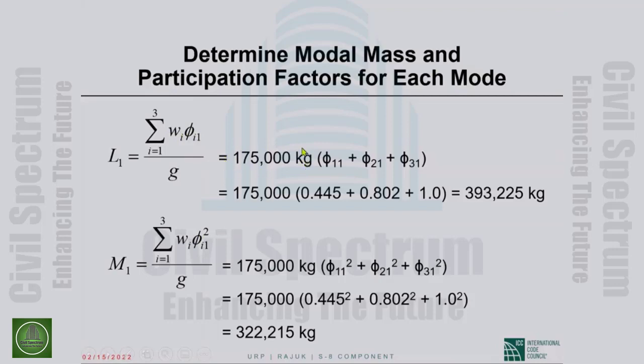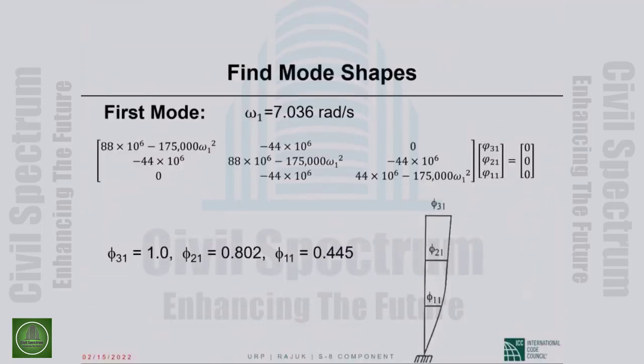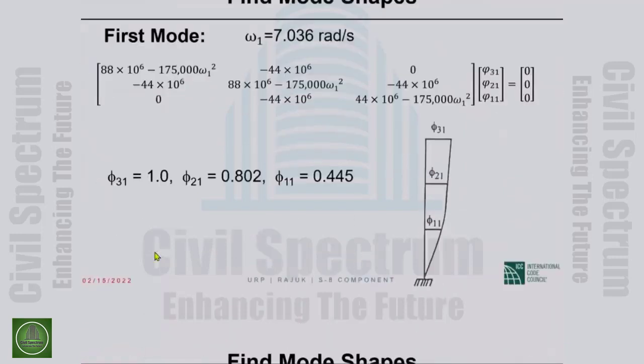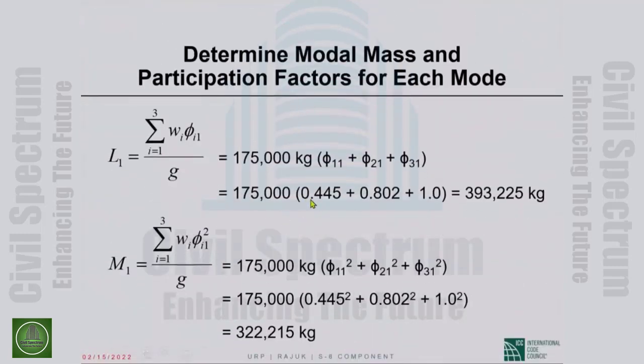It's the same at every level, 175,000 kilograms. So we can take it out. Summation of phi I1 over the three levels would be P11 plus P21 plus P31. We calculated these numbers. They're just 2 pages up. Phi11 is 445, P21 is 802, P31 is 1. So 445, 802, 1, that gives us 393 million.